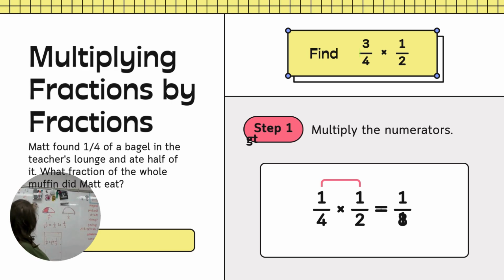If I make a circle and I've got that bagel and I cut that bad boy in half, and then I cut it in half again, I know I have 1/4 of a bagel. One of the 4 parts, 1/4 of the bagel. So if I take half of the half, then I have 1/4.